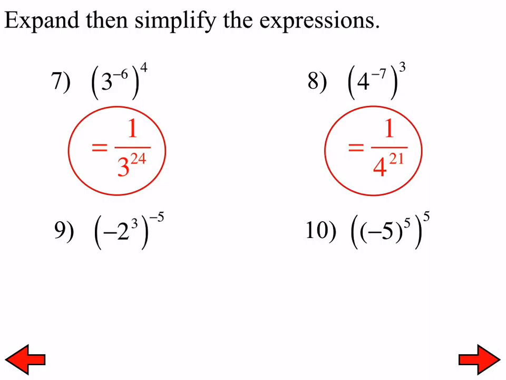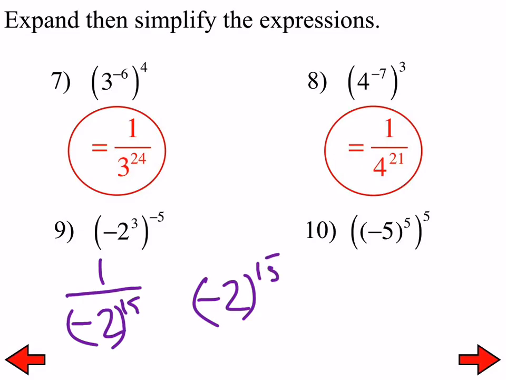Excellent. Number 9. Ashley. Would be 1 over negative 2 parentheses 15 power. Like this? Who agrees with Ashley? Okay, who has a different answer? Abraham, what did you get? Like this? No. What is raised to?